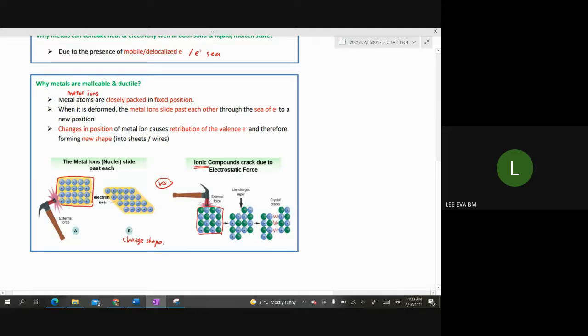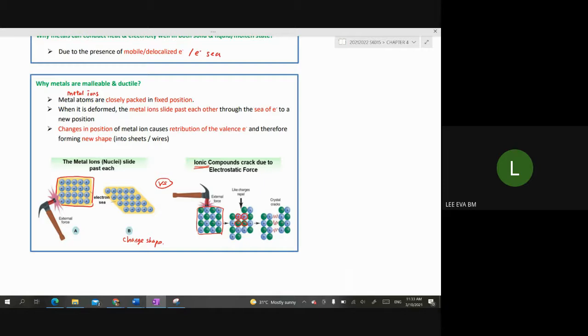Yes, but then until one point, you will see the positively charged cation positions at the same place. So we know that positive and positive, they will repel. Negative and negative, they will repel. That's why ionic compound, they will crack, they will break into pieces, but the metal will not, because metal structure, they have the sea of electron. So ini cuma nak bagi perbandingan antara metal dengan ionic compound.